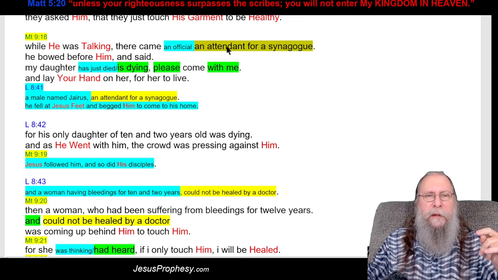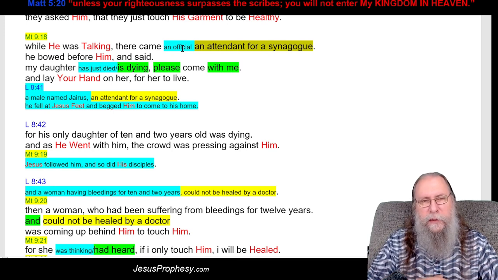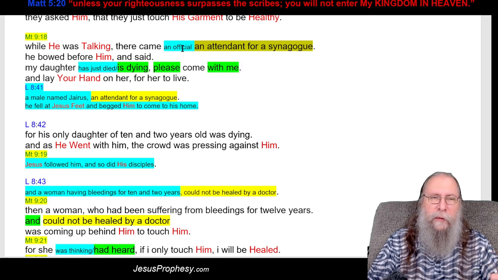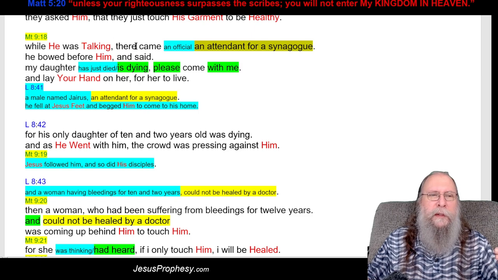And I tried to explain that an official would be like what I would consider an officer of the court, but tied to, like we would say, a police officer to come in and take care of it or have the authority from someone above to say that person needs to be apprehended. Okay. So, but when you read the text over and over, there's this attendant.